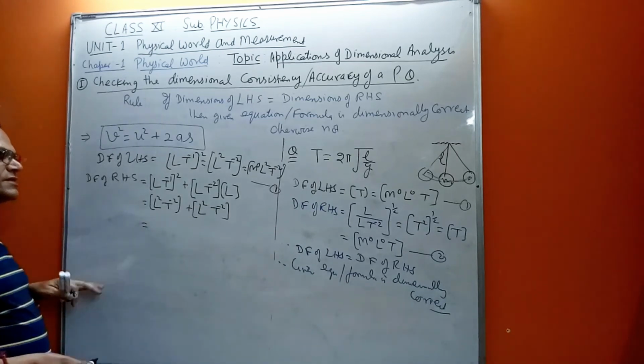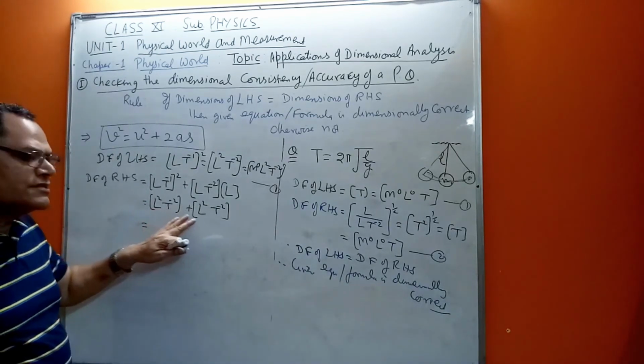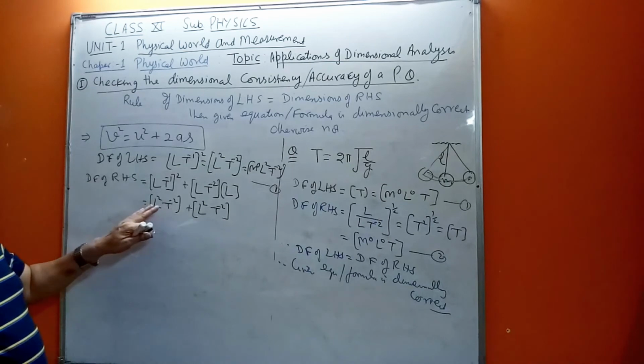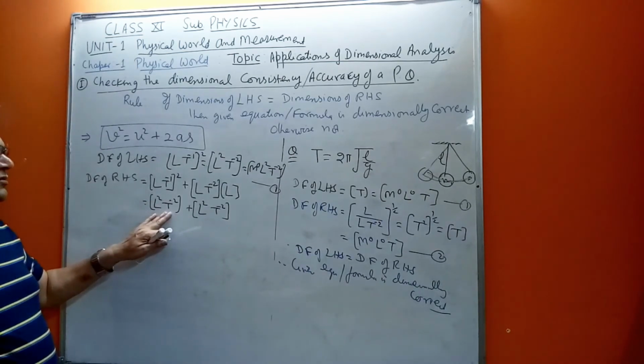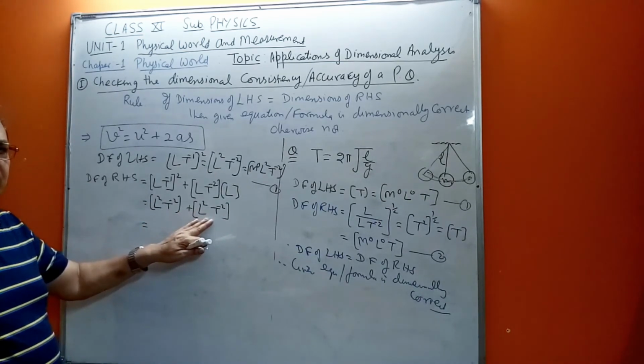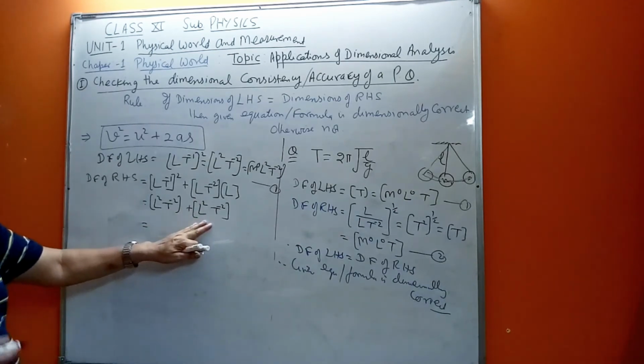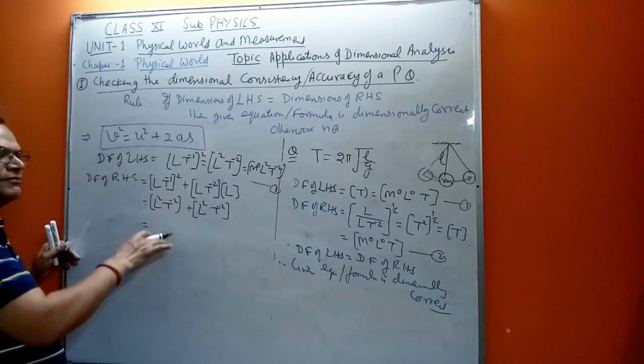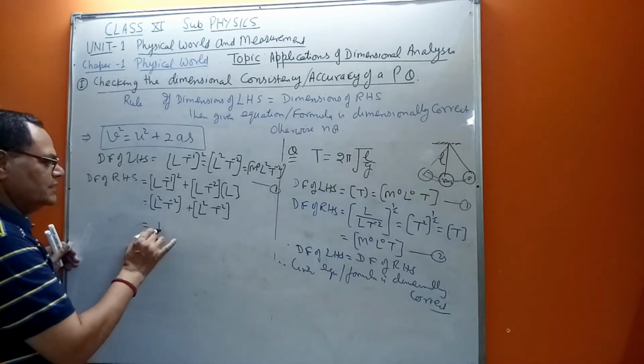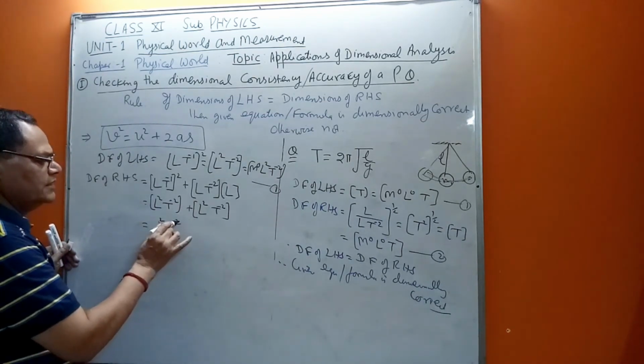And again, what is interesting, you are finding similar terms, that is L2 T minus 2, again L2 T minus 2. So they have the same dimensions, that is the same physical quantities, so the resultant will also be the same, that is L square T minus 2.